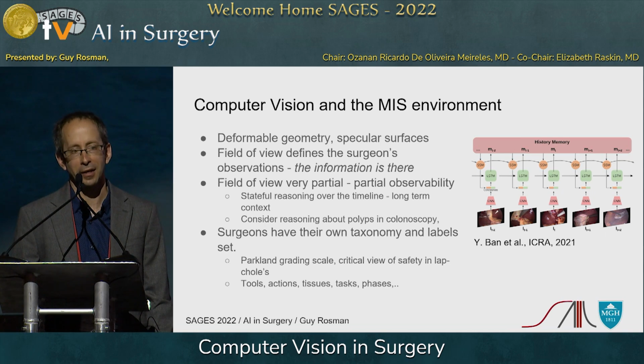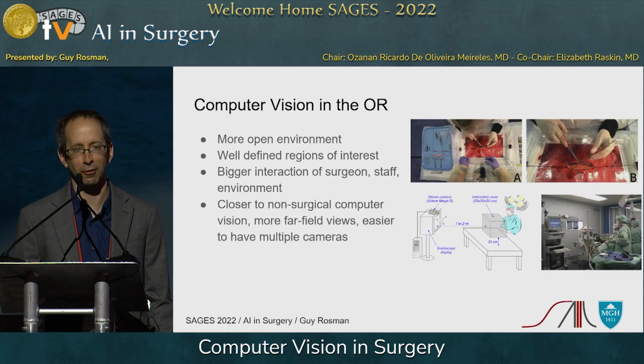And finally, another difference is, of course, the taxonomies, and Dr. Eckhoff is going to talk about it later. But basically, in surgery, we have our own set of labels and different semantic entities, and it's important to reason about what we can label and what we need to label in order to get good results from a computer vision algorithm.